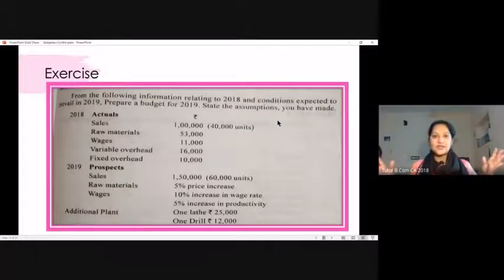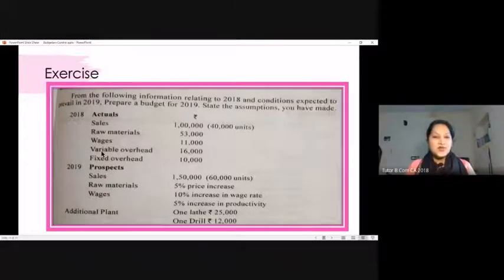We are starting from scratch. That's what we learned in zero-based budgeting. But here, this is not zero-based budgeting. The base year is the previous year, the previous operating cycle, which is used. The previous receipts and payments are considered when we are preparing the budget for the next year. Okay, that is what we are going to do.